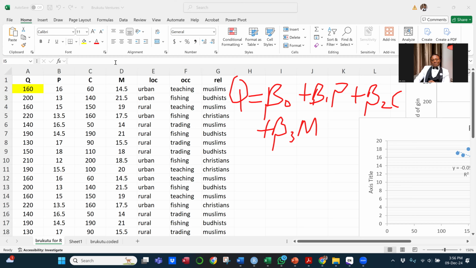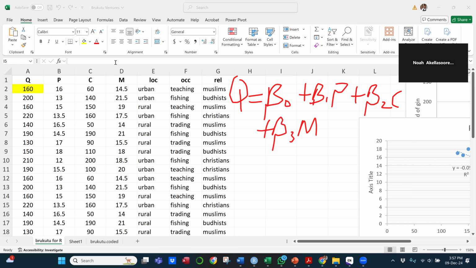This is urban, rural, they are not numerical. So if we want to do so, we may have to change the urban to say 1 and the rural to 0.